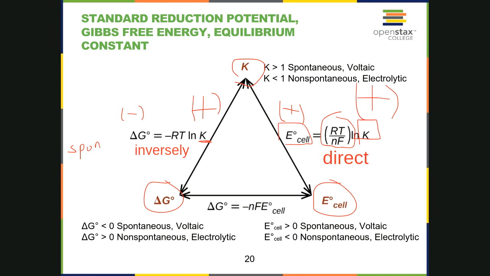And then finally, here at the bottom, we've got a relationship between the Gibbs free energy and the cell potential. So we're back to having a negative in there. So we're back to it being inverse.